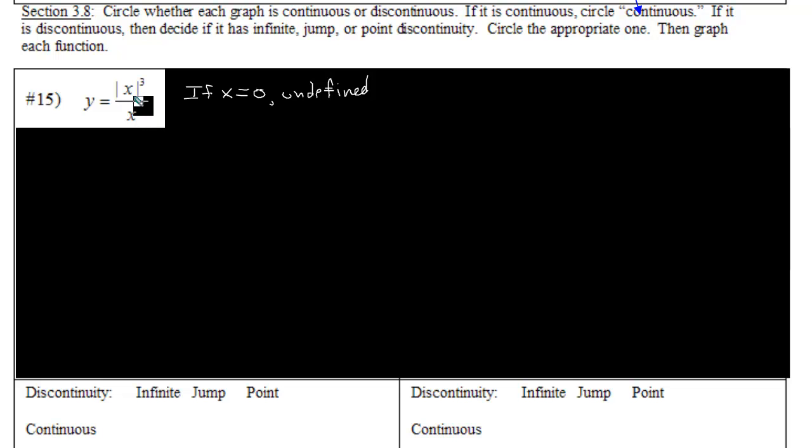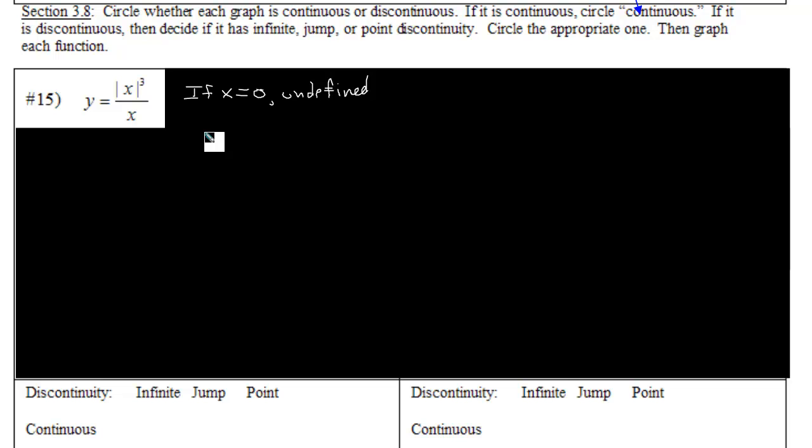Well, let's assume there's no absolute value. You could cancel an x from the top and the bottom then. So essentially, there's a hole here because you could cancel an x theoretically, although you can't really cancel an x.